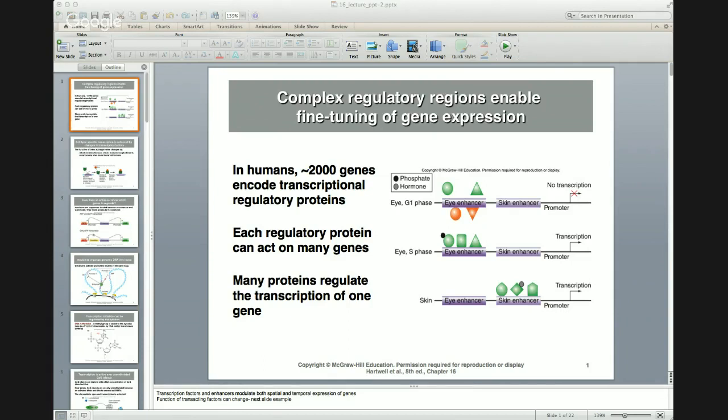So how does it actually work? The insulators help to organize the DNA into loops. There is a protein known as CTCF, which binds the insulators, and that allows the insulators to create these DNA loops. A loop that contains an enhancer and a promoter allows that enhancer to modulate the expression of that gene via the promoter.